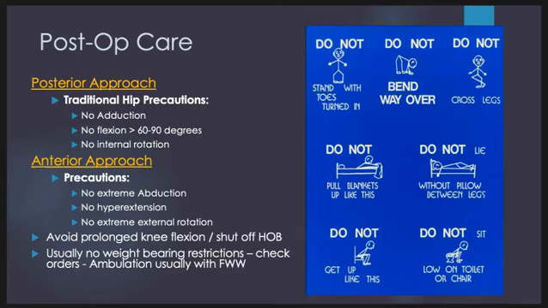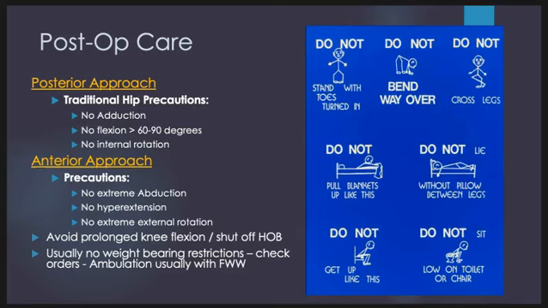They should not be adducting or flexing more than 60 to 90 degrees or internally rotating their foot. With anterior approaches to surgery, the precautions include no extreme abduction, no hyperextension, and no extreme external rotation, as well as no pointing the toes outward.